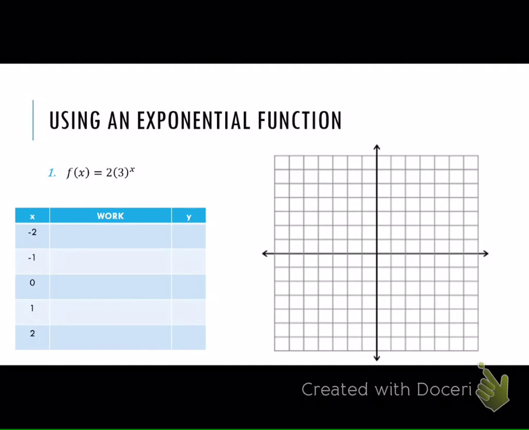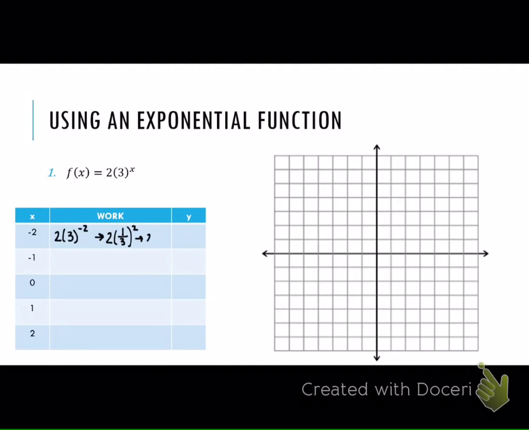Okay. So all you're doing is substituting for x. So this becomes 2 times 3 to the negative second, right? Exponents first. So that means this is 2 times 1 over 3 squared.